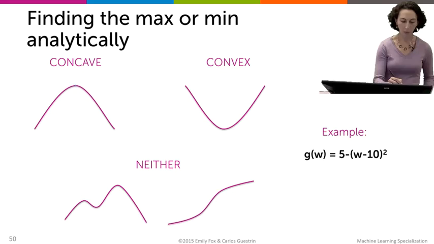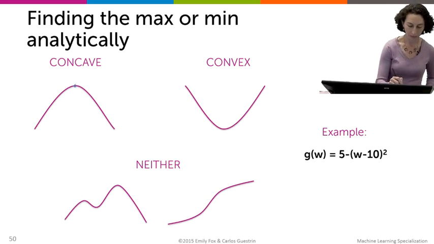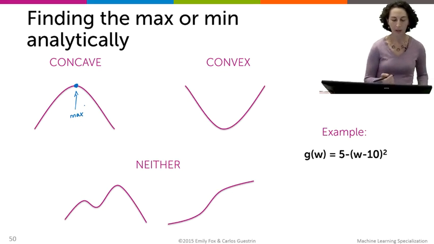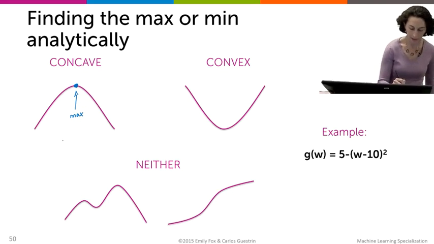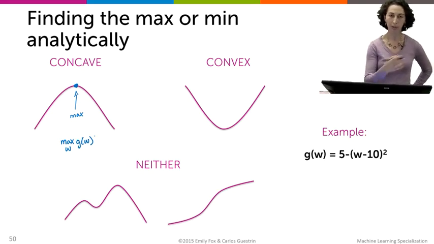So let's look at the maximum of this concave function. Well, that's just this point right here. So that is the maximum. And here, what I'm saying is our goal is max over all w of g of w, in terms of the notation that we introduced a little bit earlier.